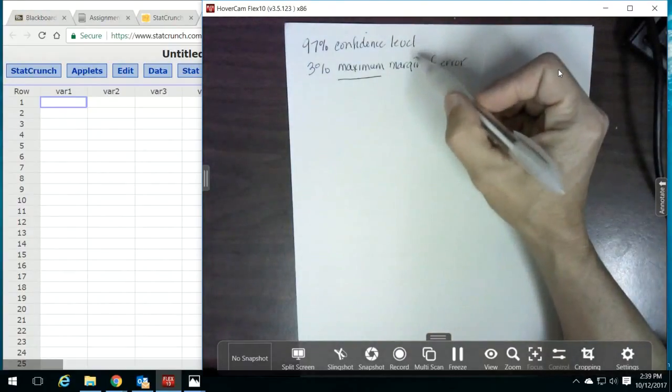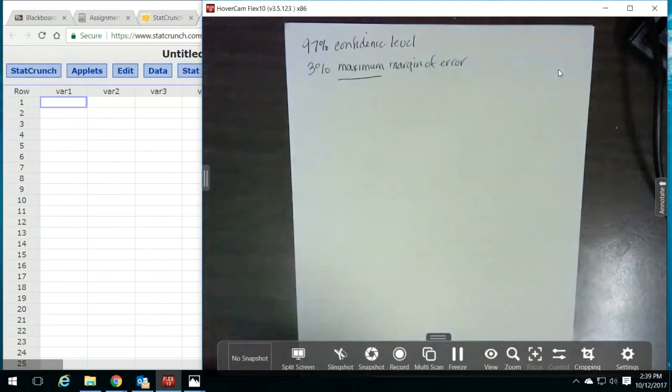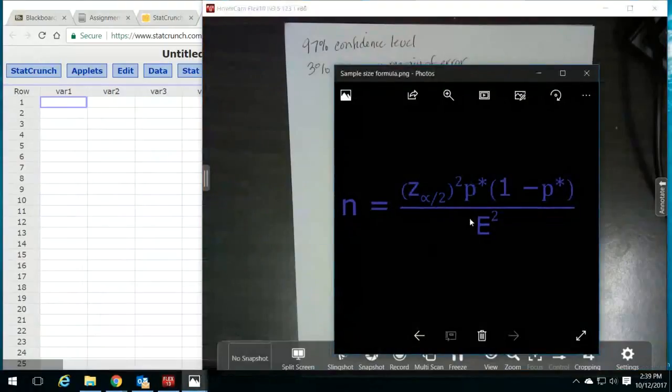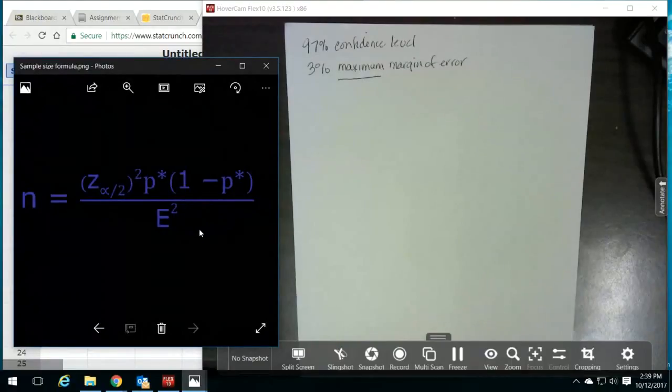Anyway, so the idea is to take these two choices and then use the sample size formula and see what that comes out with for what the minimum sample size would be for this. Okay, so here's the formula. So I'm going to plug all these things into this formula.